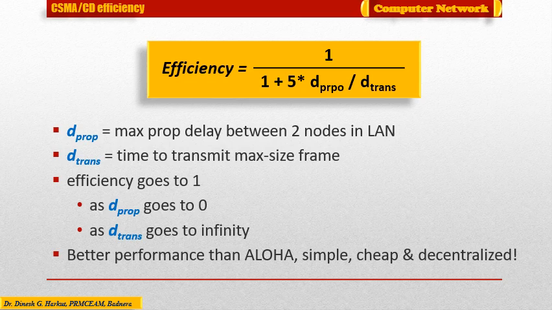This matches our intuition that if the propagation delay is 0, colliding nodes will abort immediately without wasting the channel. Also, as D trans becomes very large, efficiency approaches 1. This is also intuitive because when a frame grabs the channel, it holds on to the channel for a very long time. Thus, the channel will be doing productive work most of the time.